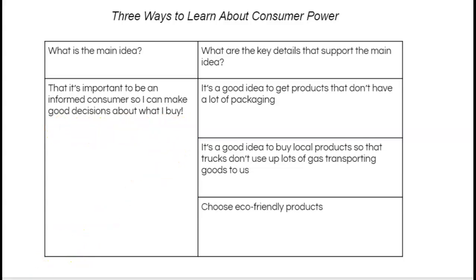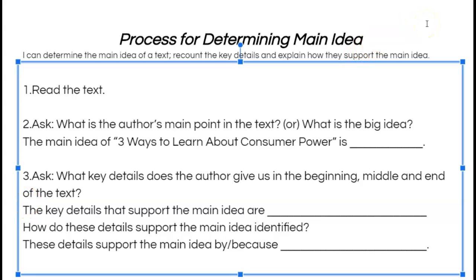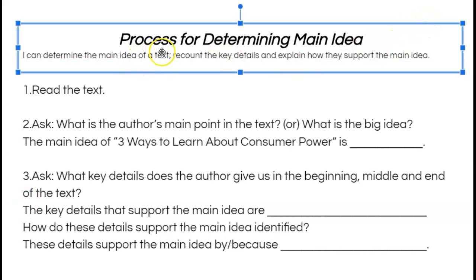All right, friends. Now we're back in the main slide deck. It says that there's a process for determining the main idea. We needed to read the text, which we did. We needed to ask, what is the author's main point in the text, or what is the big idea? And we decided the main idea of 3 ways to learn about consumer power is that consumers need to be informed to make good choices about what they buy. And number 3 was ask, what key details does the author give us in the beginning, middle, and end of the text?